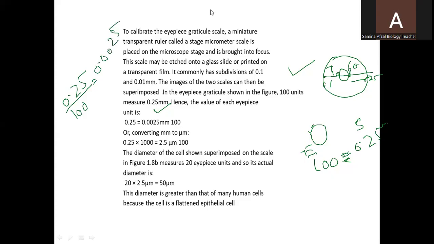This is the way of calibrating them. Then, converting millimeter to micrometer, we have to multiply 0.0025 by 1000. So it will become equal to 2.5 micrometer per unit.